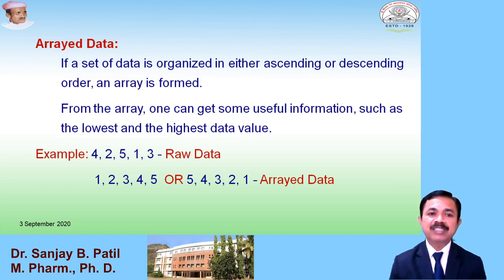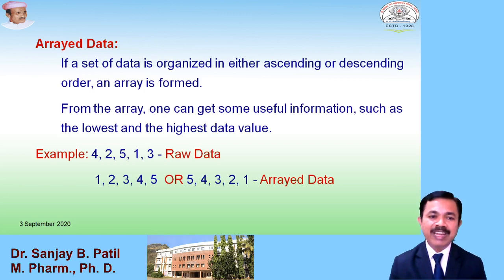From the array, one can get useful information such as which is the lowest data value in the observations, which is the highest data value, etc. For example, we have these numbers: 4, 2, 5, 1, 3. These are randomly organized, and such type of data is known as raw data.